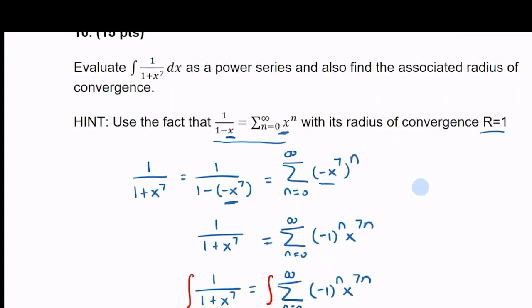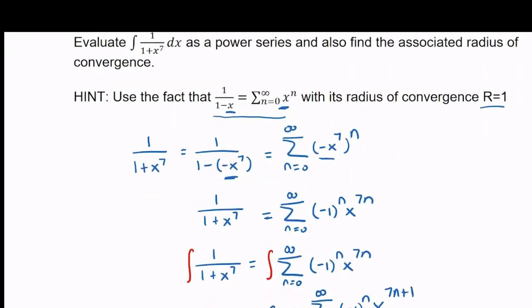Okay, when we integrate, we know we're going to have a constant, so we're going to write that constant down right away. Negative 1 to the n, we are integrating with respect to x. So make sure not to forget to write down the dx term here. Because we are integrating with respect to dx, anything that does not have an x is a constant. Negative 1 to the n is a constant, so it remains.